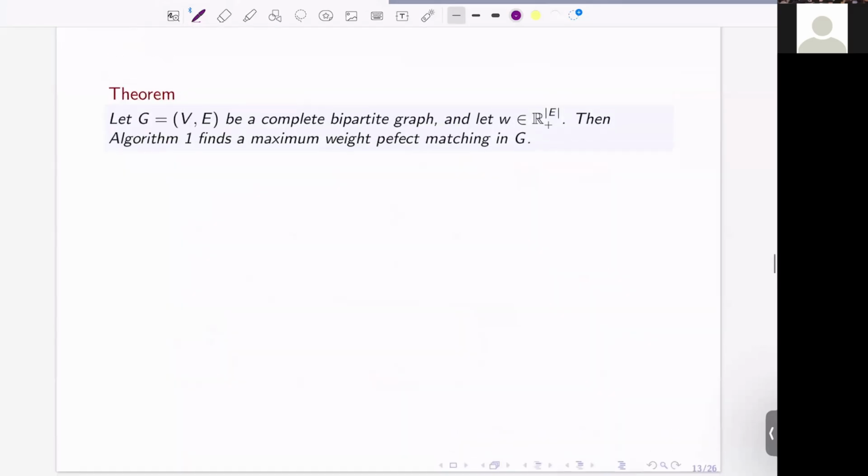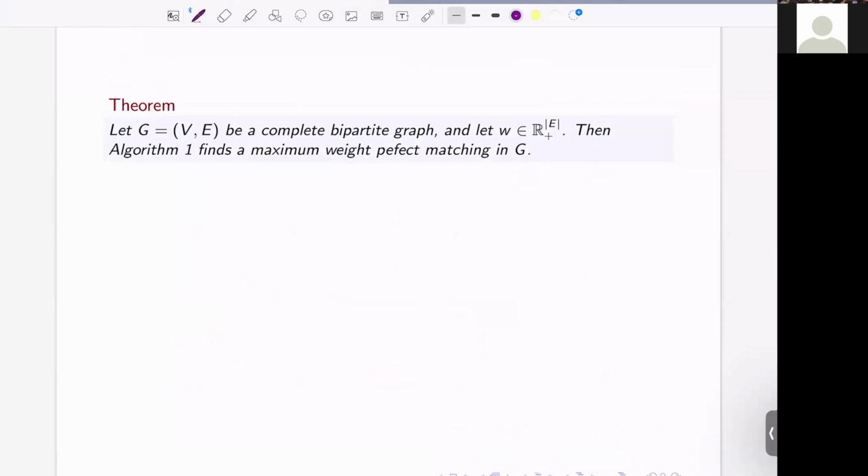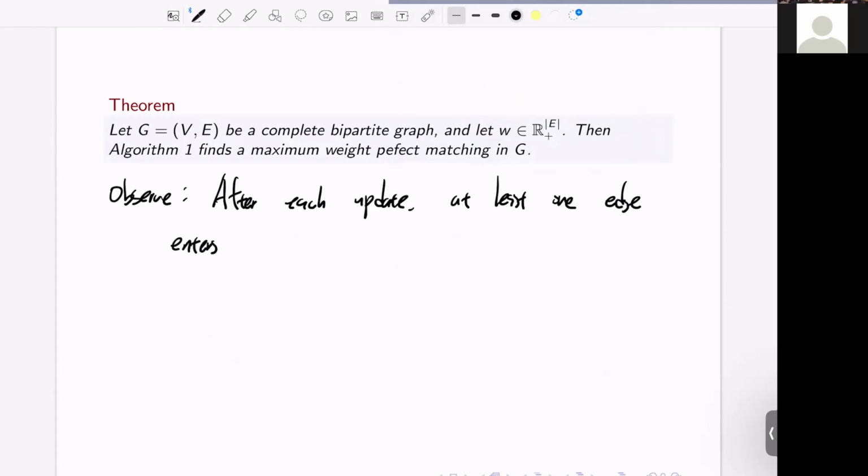Great. So you can prove that it will compute a maximum weight perfect matching in finite time. Observe that after each update, at least one edge enters the equality subgraph.